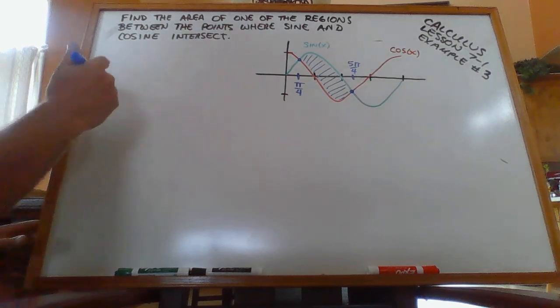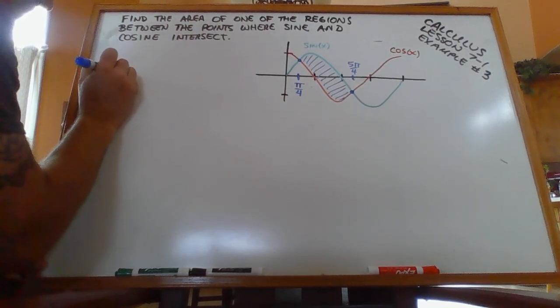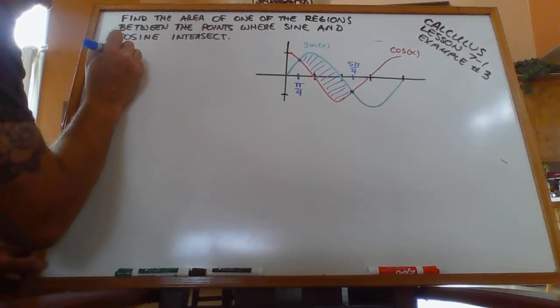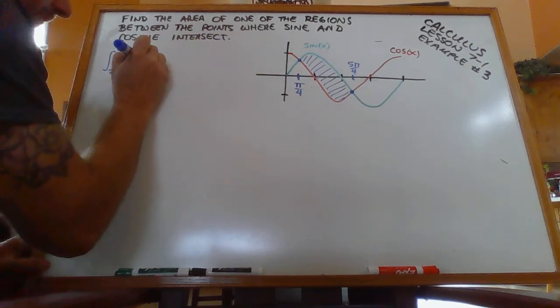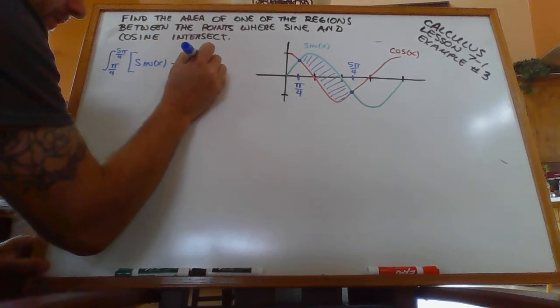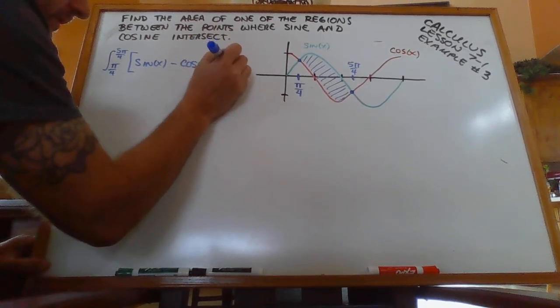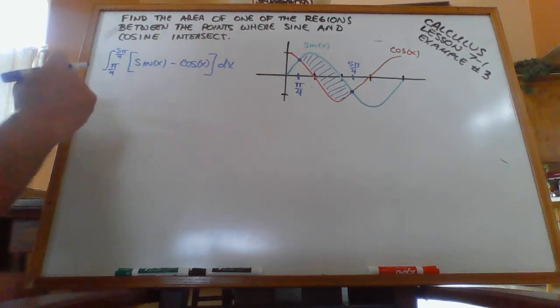So what we're going to do is find the integral from pi over 4 to 5 pi over 4. Sine's on top, so we're going to take sine of x minus the cosine of x dx. Okay, so easy enough to integrate.